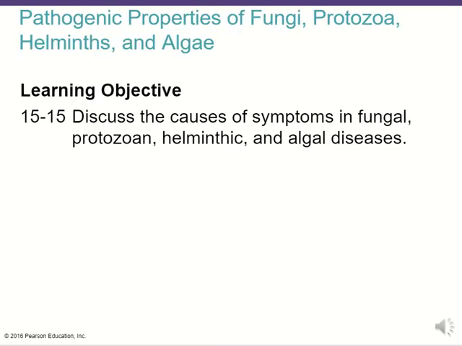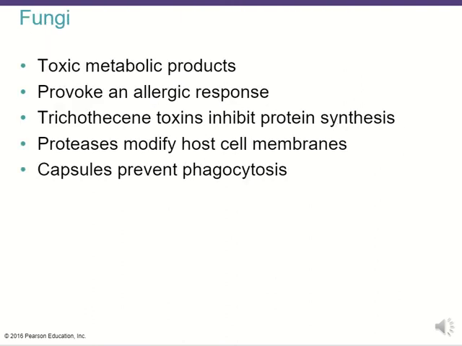Now, pathogenic properties of other things. In the case of fungi, they can involve toxic metabolic products that, when digested, break down into toxic components. They may provoke an allergic response in the body. In the case of trichothecene toxins, they inhibit protein synthesis, or the production of large proteins from amino acids.